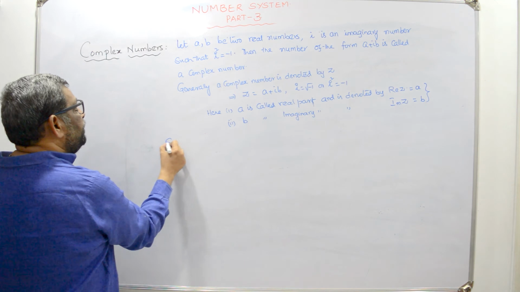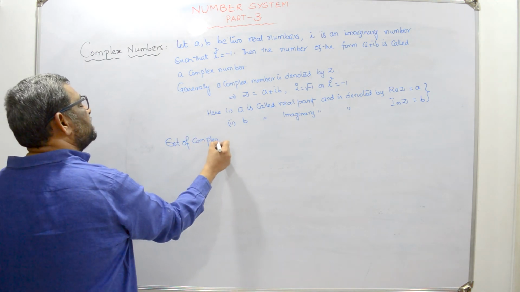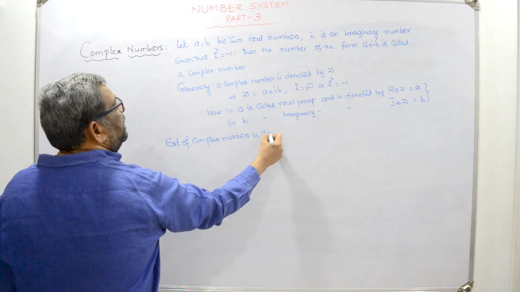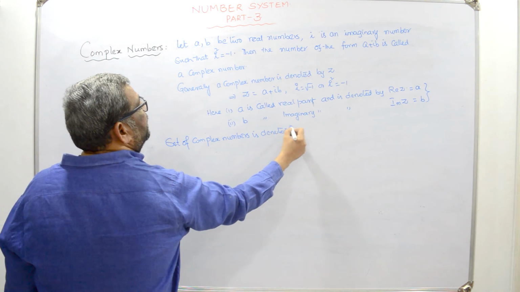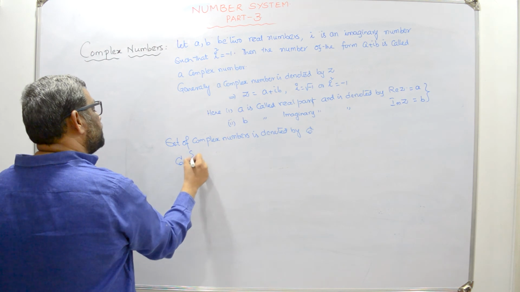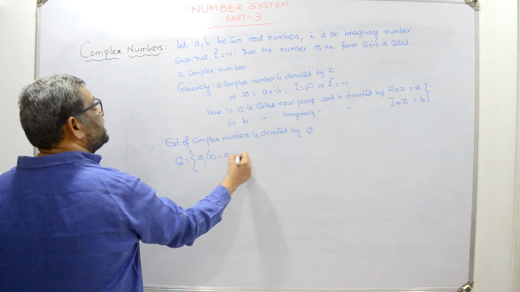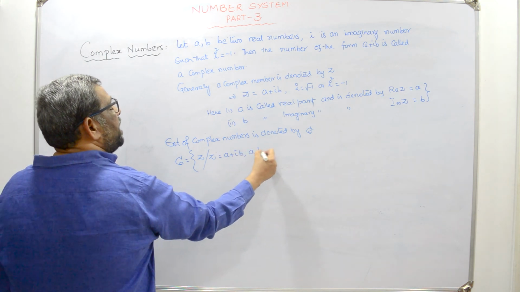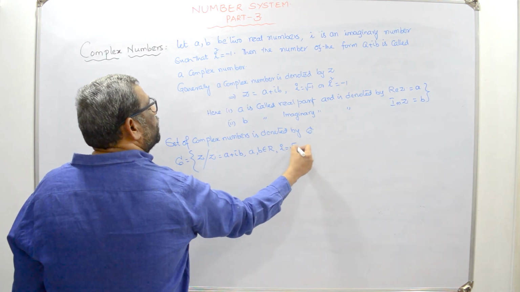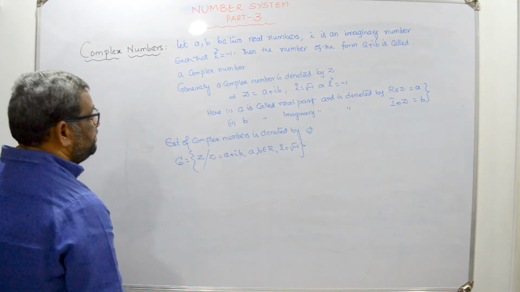The set of complex numbers is denoted by C. So C is equal to the set of all z such that z is equal to a plus ib, where a, b belong to R and i is equal to root minus 1. This is the set of complex numbers.